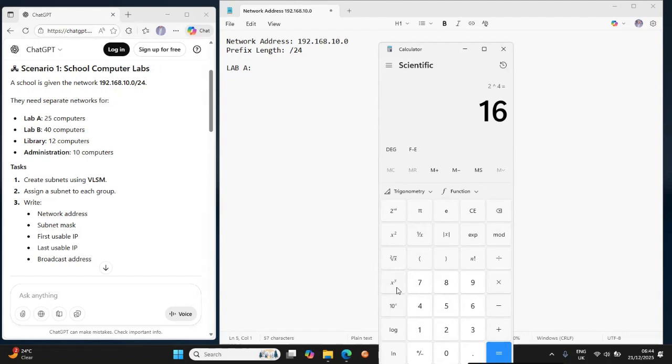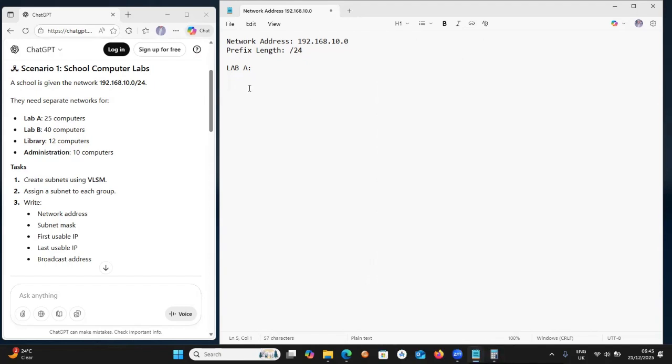Then 2 to the power of 5 is 32, so that's what we are going to use. So we are going to use 2 raised to power n, where n is equal to 5. So we have 2 raised to power 5, which is equal to 32.